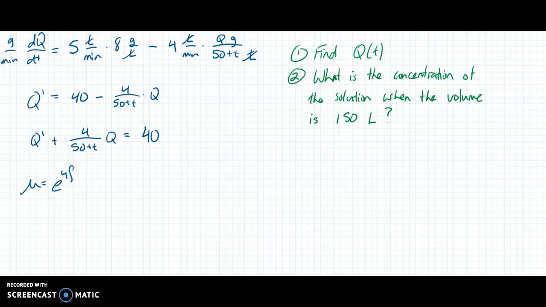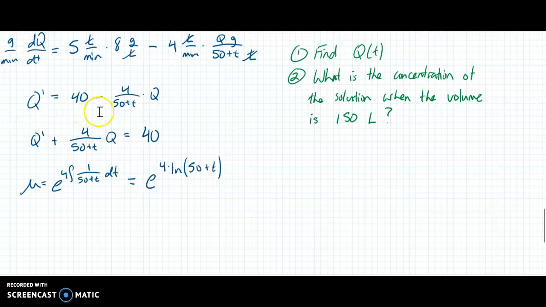I typically like to get rid of whatever I have up there so it's easier to integrate. 4 times the integral of 1 over 50 plus t dt. Well, that is e to the 4 times, what's that integrate to? ln of 50 plus t.